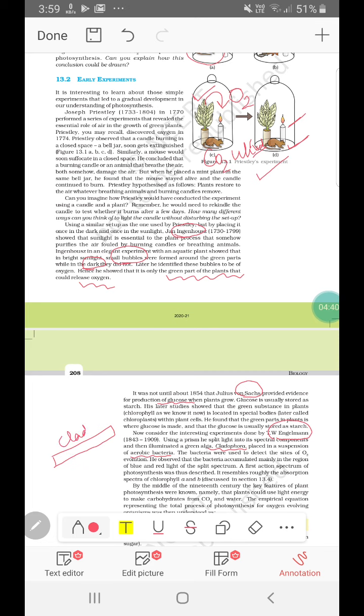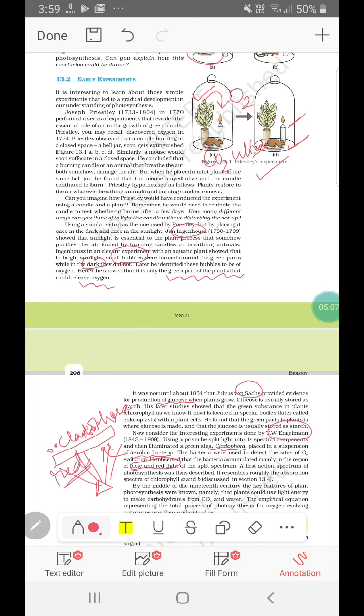Suppose this was Cladophora and aerobic bacteria were growing here. Why aerobic? Because they need oxygen. He used a prism where the 7 colors were there. It was seen that in red light and blue light, the maximum amount of aerobic bacteria were growing, showing that in this region photosynthesis occurs at the maximum level.